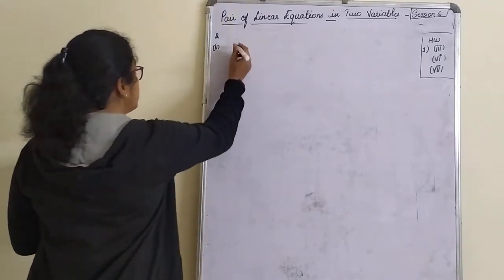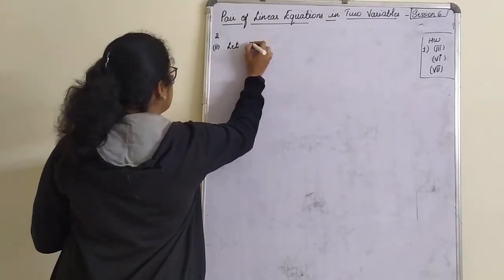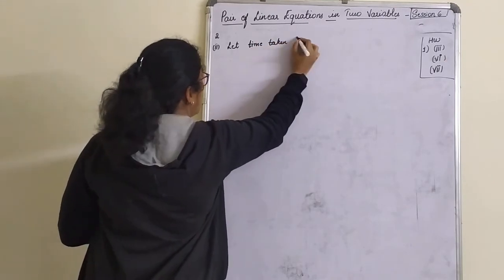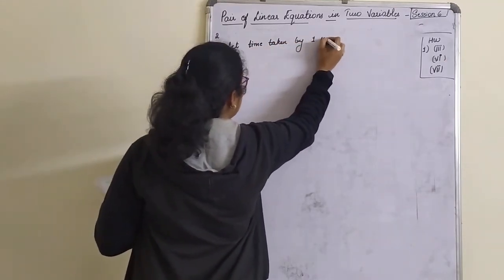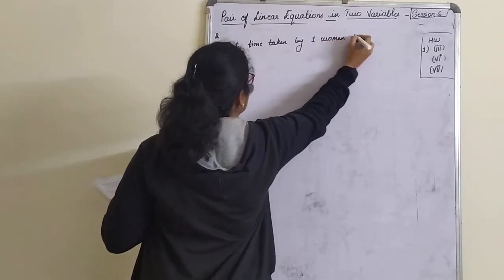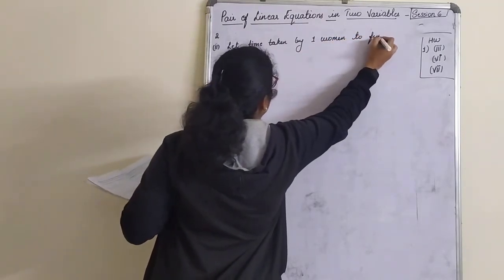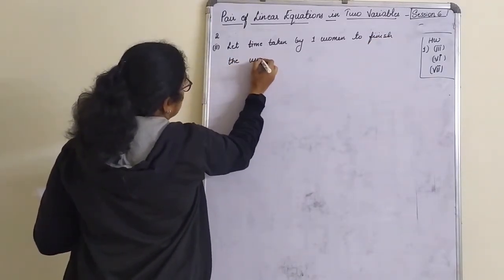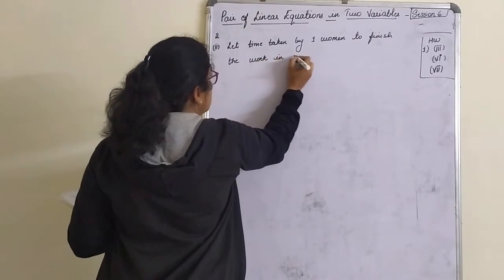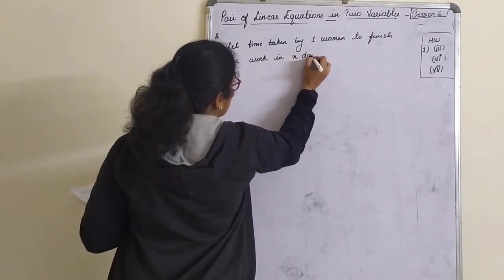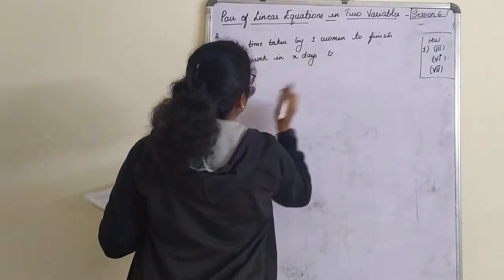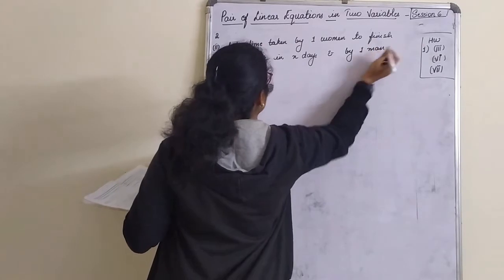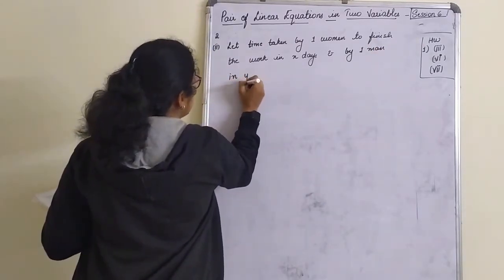So first of all, let us understand that let the time taken by 1 woman to finish the work be x days and by 1 man y days.